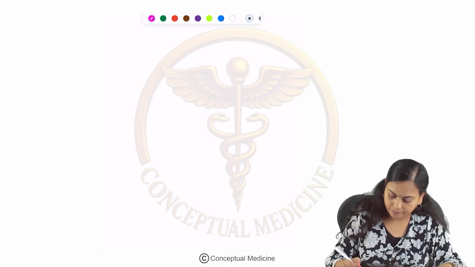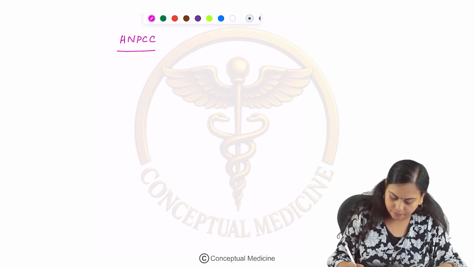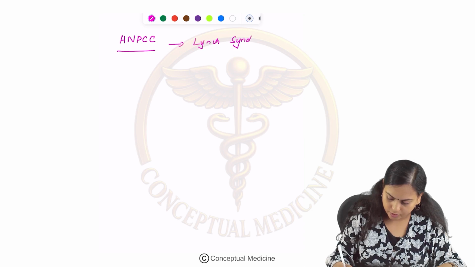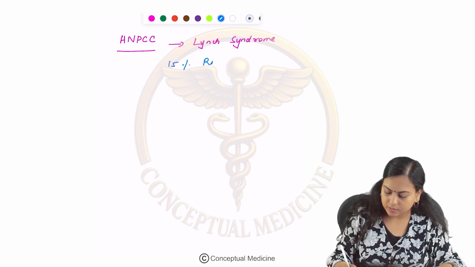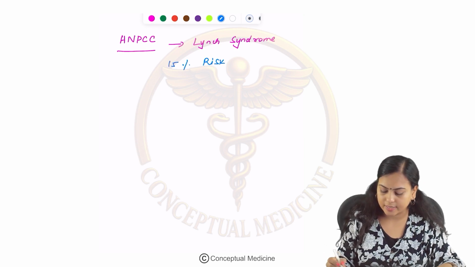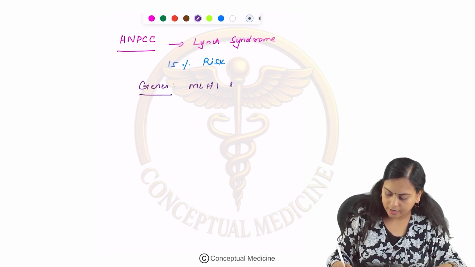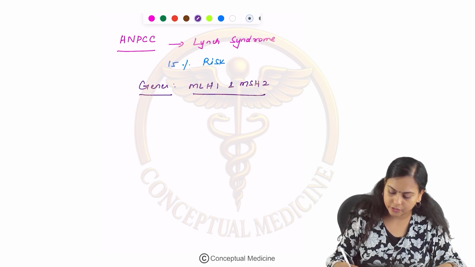Now, in that, let's discuss hereditary non-polyposis colorectal cancer, which is nothing but Lynch syndrome. In this syndrome, about 15% risk of CA ovary is there, and the genes involved here are MLH1 and MSH2 and so many, but I am mentioning two of the important genes.